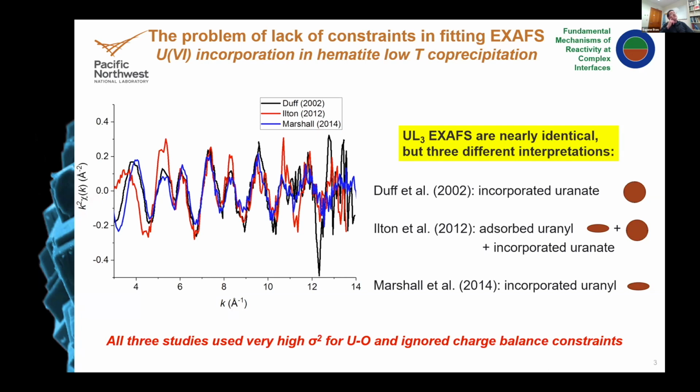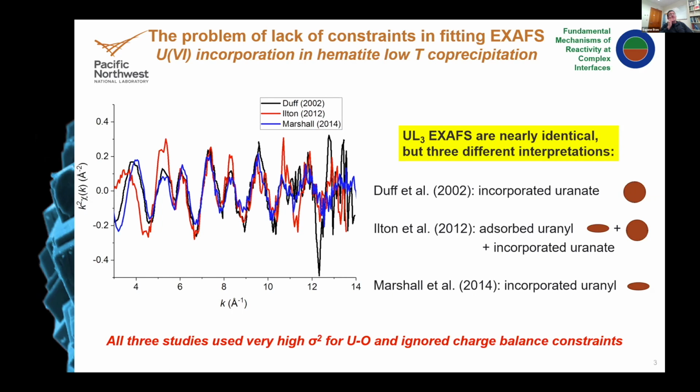Over 12 years, three different studies, the EXAFS was nearly identical for all those studies, but 3 different interpretations, basically identical EXAFS, all right? All 3 studies used very high Debye-Waller factors for the first shell, and we ignored charge balance constraints for good reasons. We didn't have the statistics to go after that. So this motivated me, in particular, Marshall's paper.